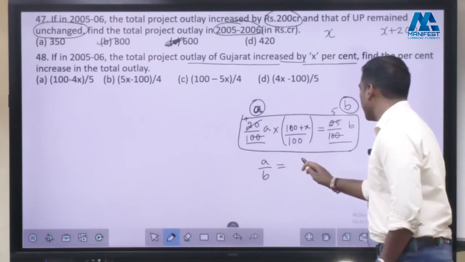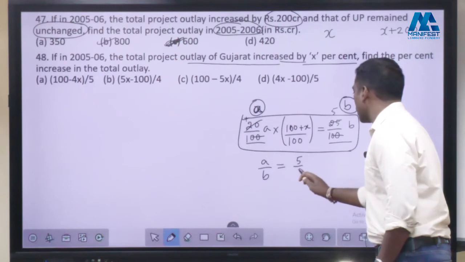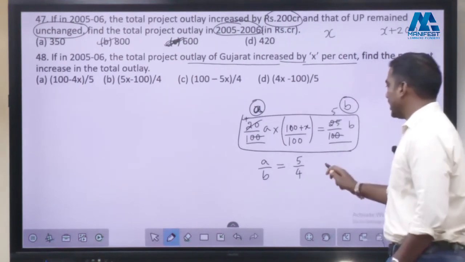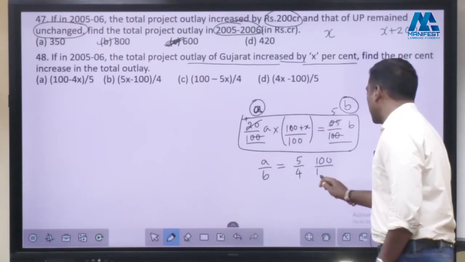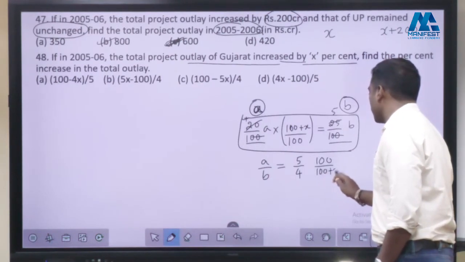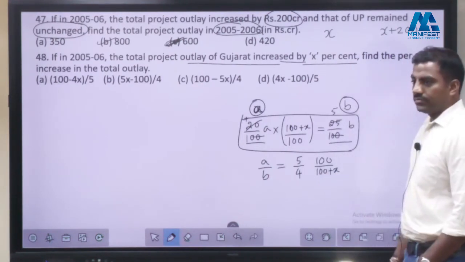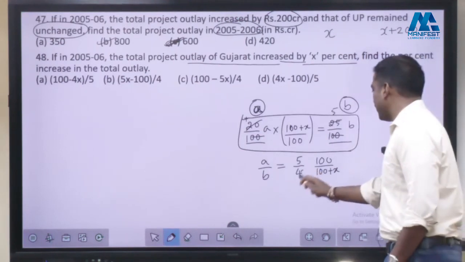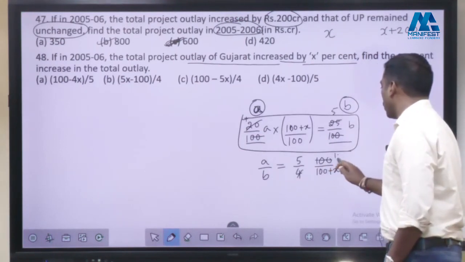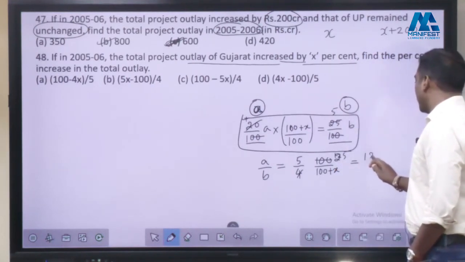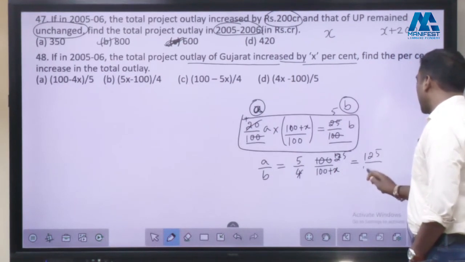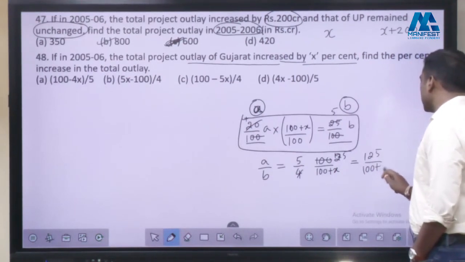Then here 5 by 4, and this 100 will go here, and 100 plus X will come here. 4 ones are 4, 25s are. So this is 125 by 100 plus X.